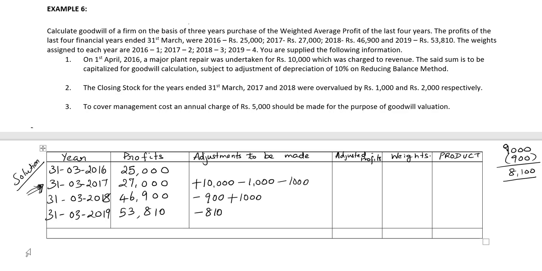Let's do the same thing for 31st March 2018. The closing stock was overvalued by 2,000. So in this year, 31/3/18, we will deduct 2,000 rupees. And the closing stock on 31st March 18 becomes the opening stock for the next year.